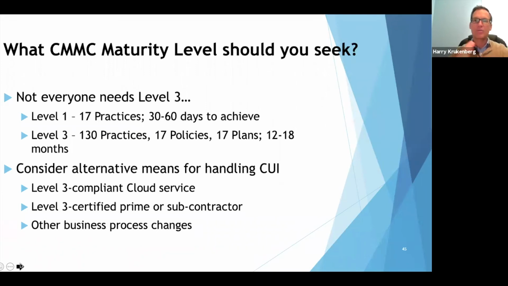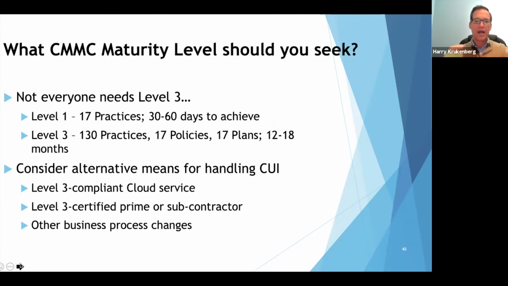And again, it all goes back to the data and how you handle it. One alternative is handling any CUI in your organization within a specified and distinct CUI or level 3 compliant enclave or domain.